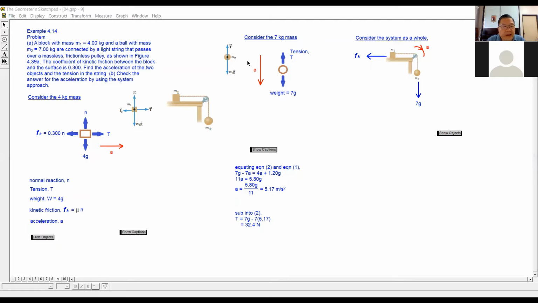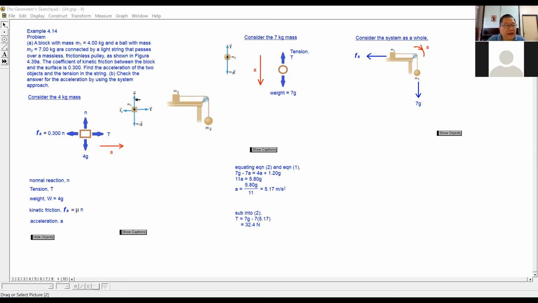The forces acting on the 4 kilogram mass are the weight of the object, which is mg, the normal reaction, which is n, the tension in the rope pulling the object, and also the friction that is going against the motion of the object. So there are four forces.